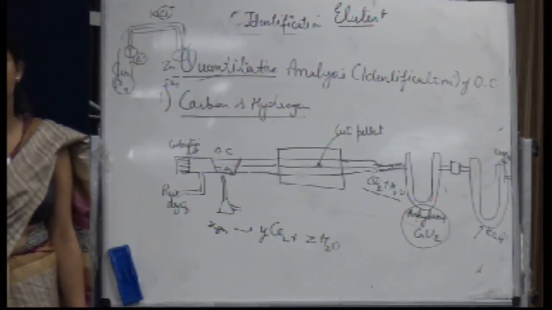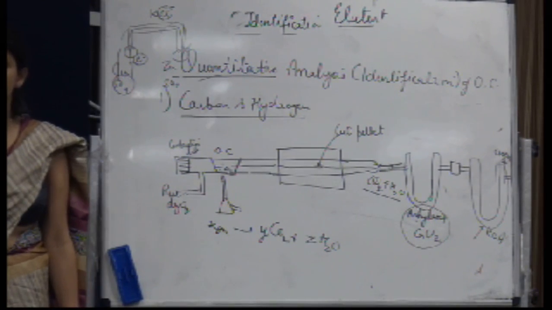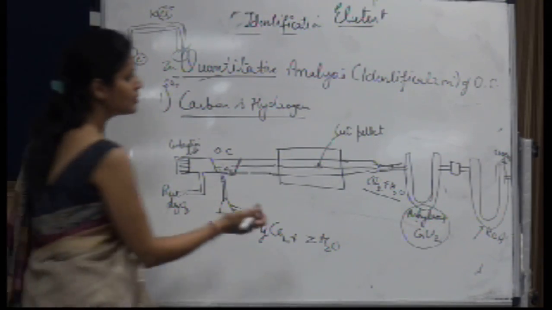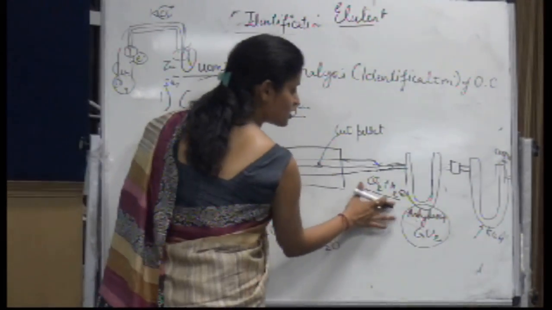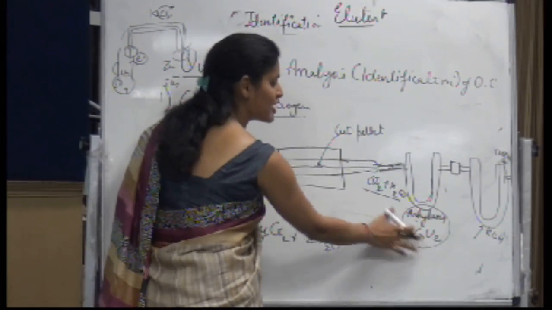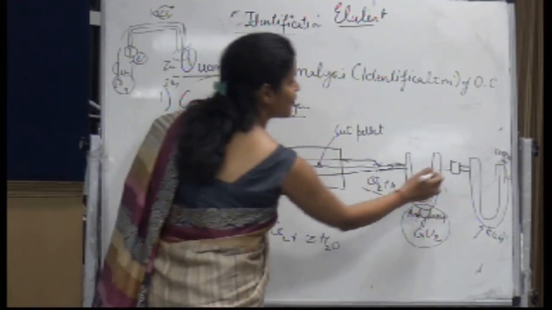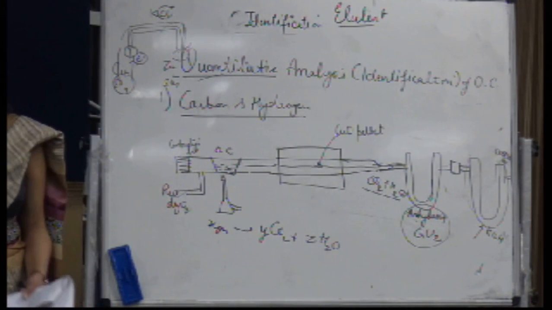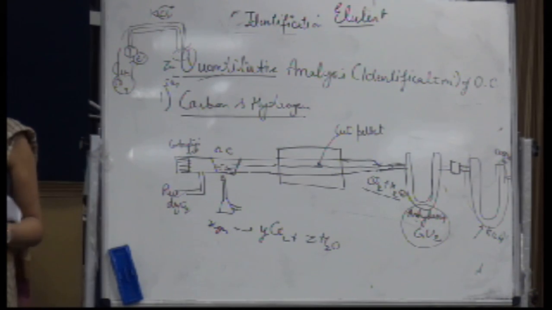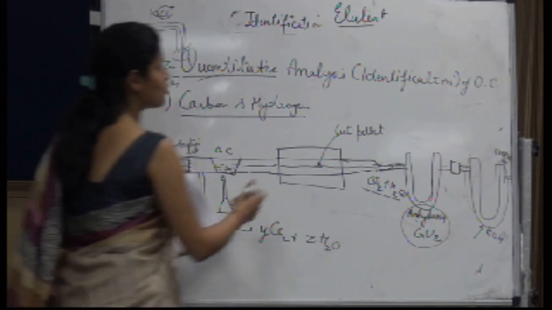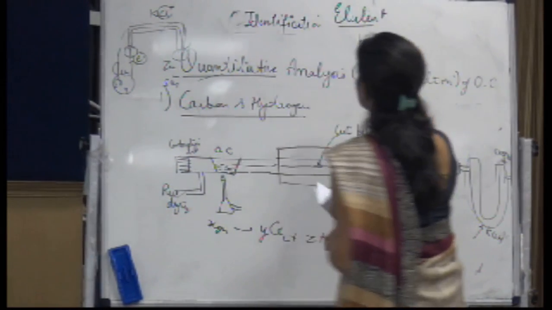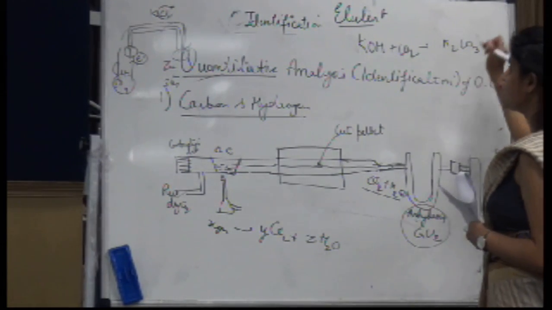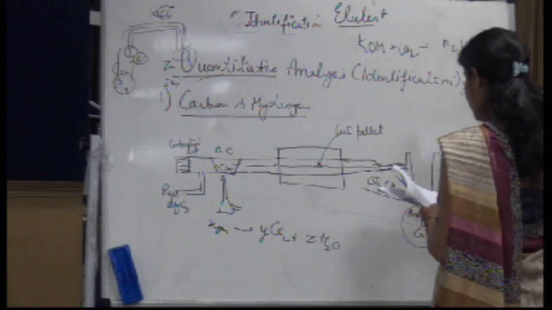Anhydrous calcium chloride is able to absorb moisture, and hence it will absorb the water vapors from the exhaust, while the other U tube contains KOH, potassium hydroxide. What does potassium hydroxide do? It reacts with the carbon dioxide. What is the reaction of KOH with CO2? K2CO3 and H2O.